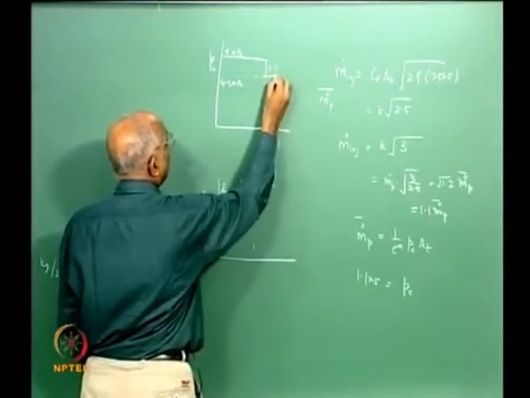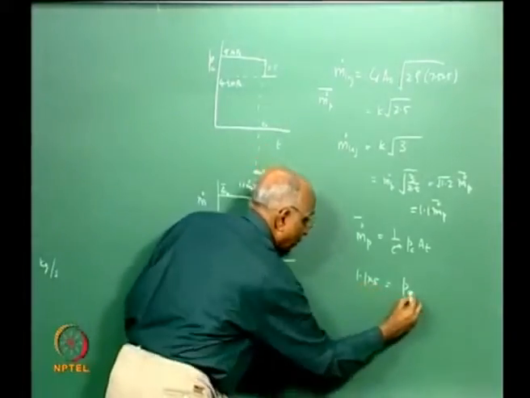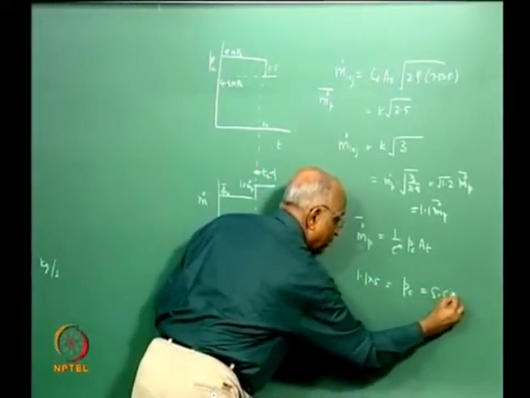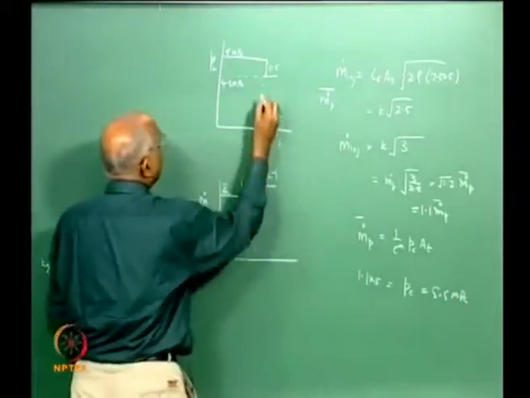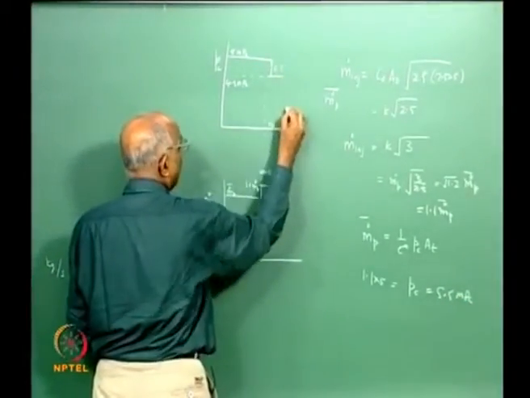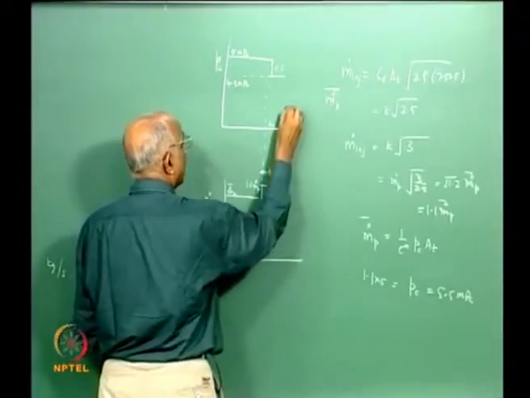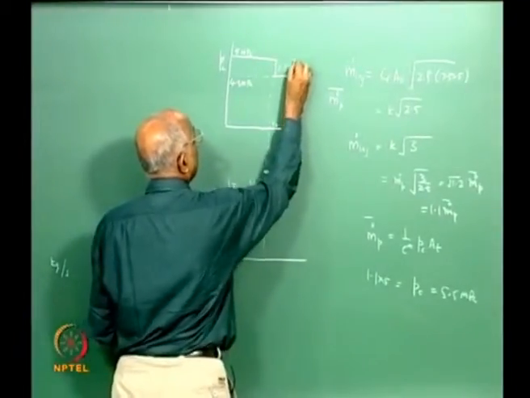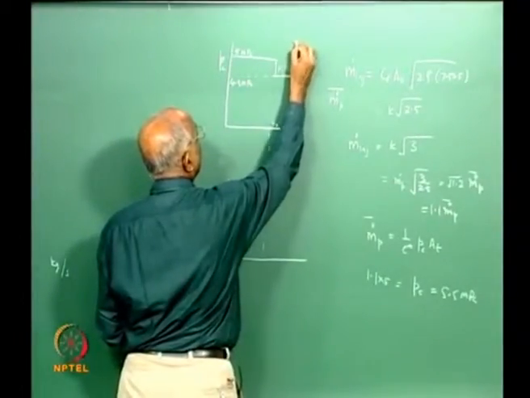After this delay time it increases to 1.1 into 5, which is 5.5 MPa. In other words, after this value of Tc, let us now put it together, the pressure will now increase to 5.5.